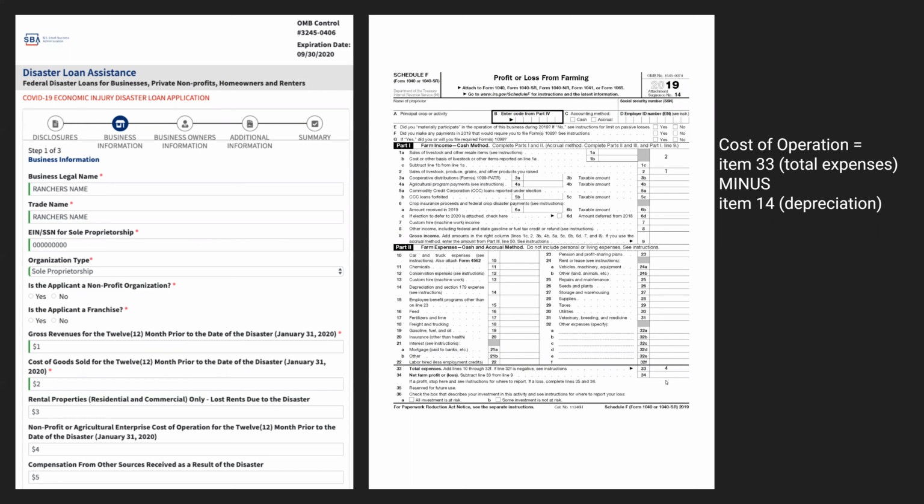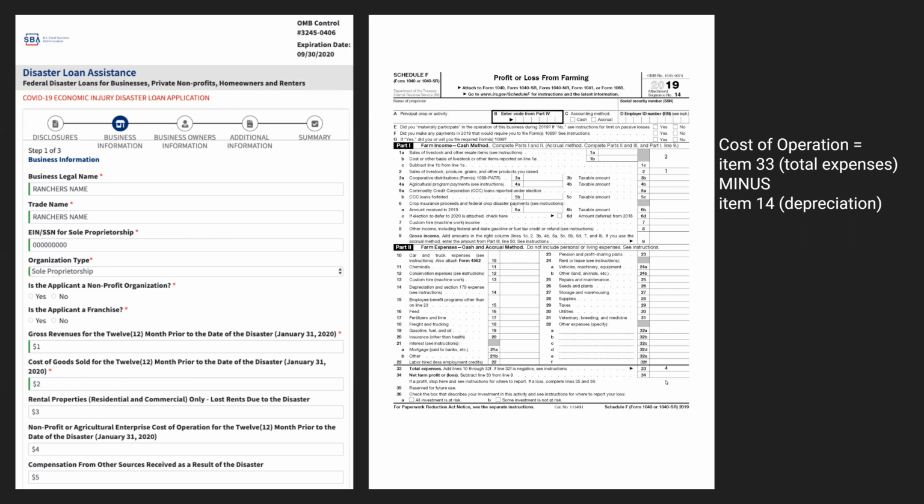And when you are calculating your nonprofit or agricultural enterprise cost of operation for the 12 months prior to the date of the disaster, it is important to back that depreciation amount out of your cost of operation so that it doesn't create any confusion in determining what your gross revenues are against your cost of operations.